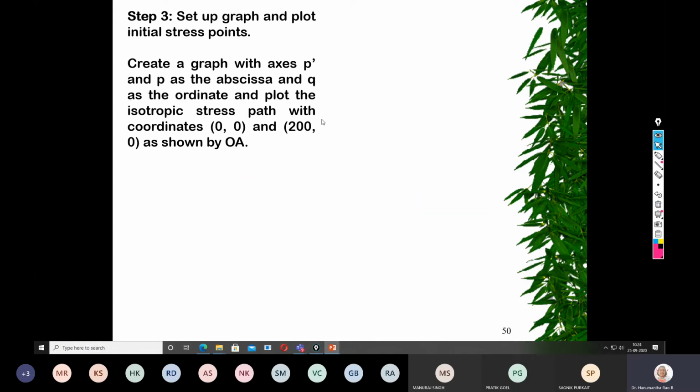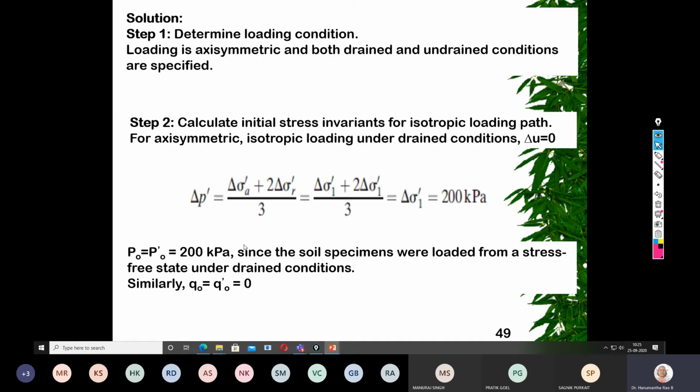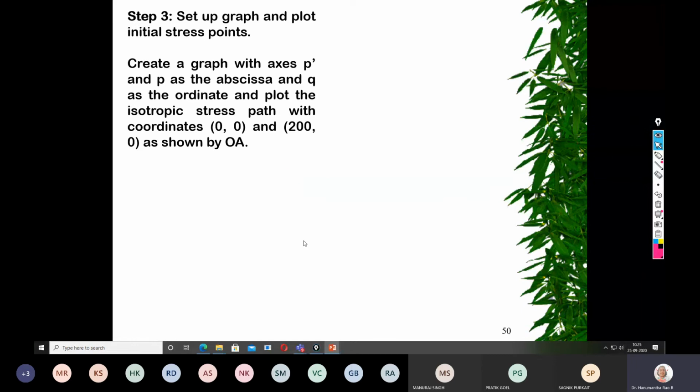Then step 3: plot the stress path, based on the points calculated in the previous step. Create a graph with P dash and P as the abscissa and Q as the ordinate, and plot the isotropic stress path with coordinates: initial conditions 0, 0, because it has to start from the origin, then 100, 0, and 200, 0.